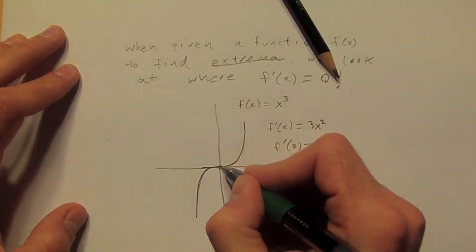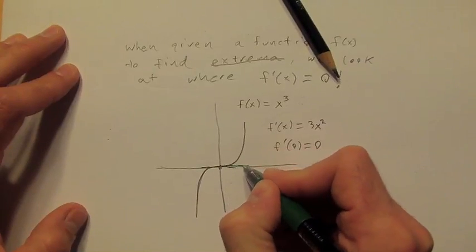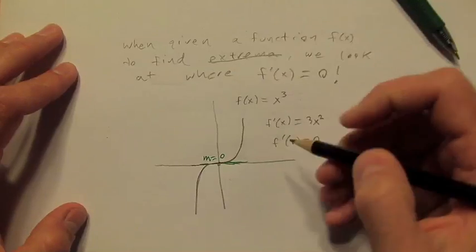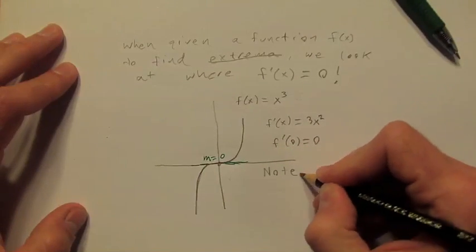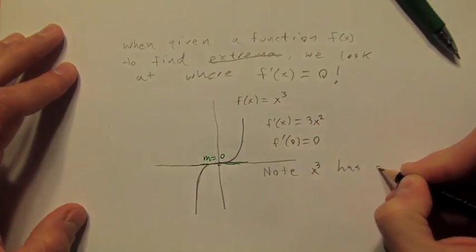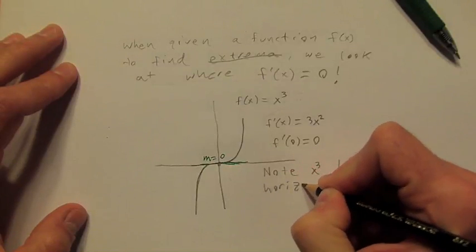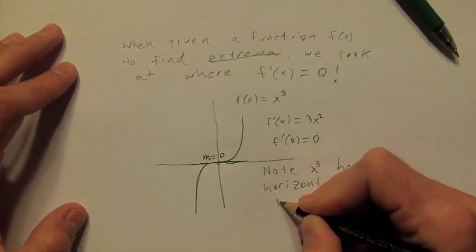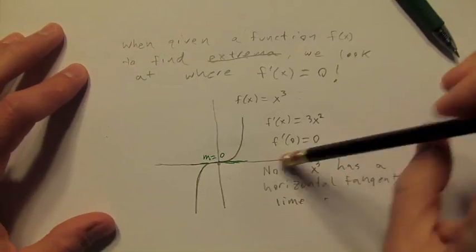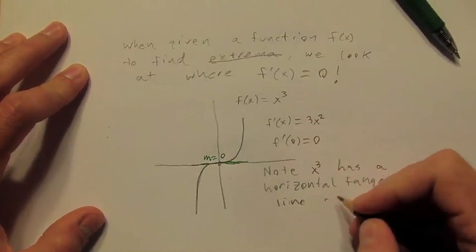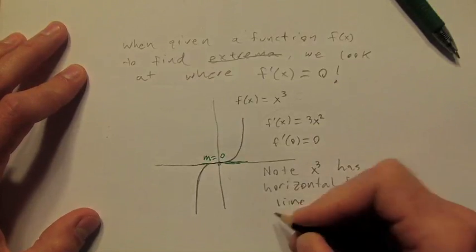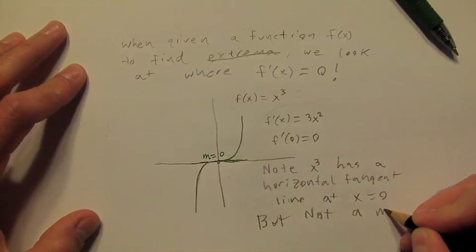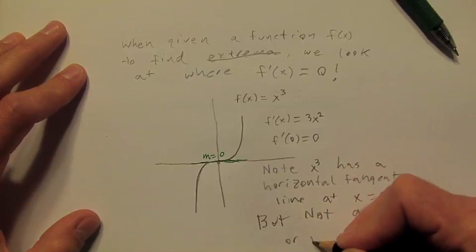I actually have what we might call a leveling off point, but this is still where the tangent line is horizontal. So note that x cubed has a horizontal tangent line at x equals 0, but not a max or min.